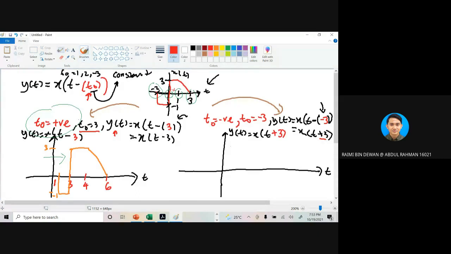Just now I was using green, now I'm using blue. So here -2. Now you have -2, so what happened is -2 minus -3, because it's -3.